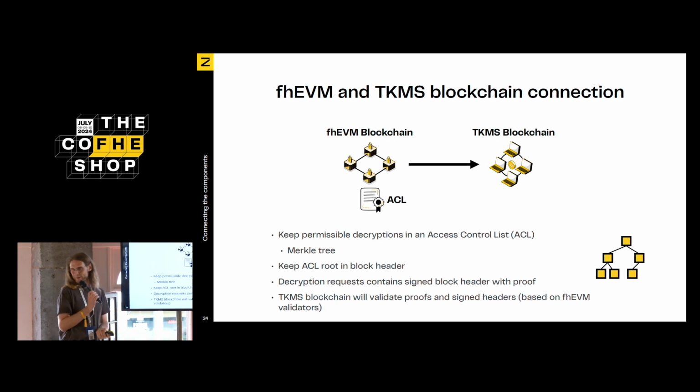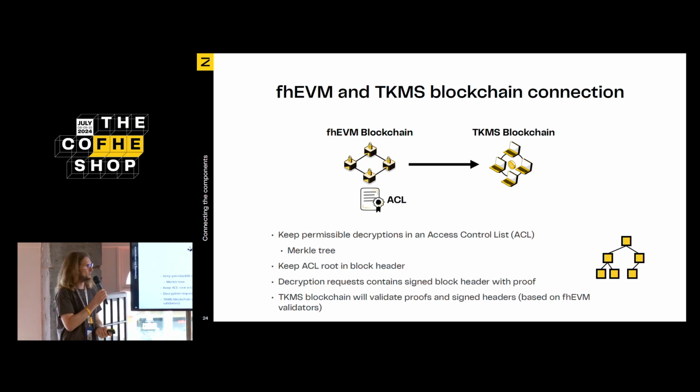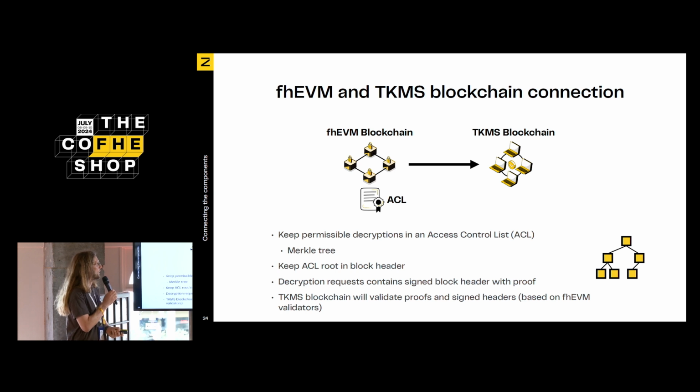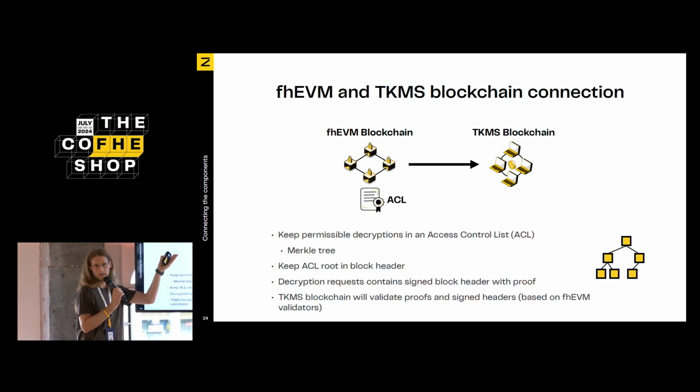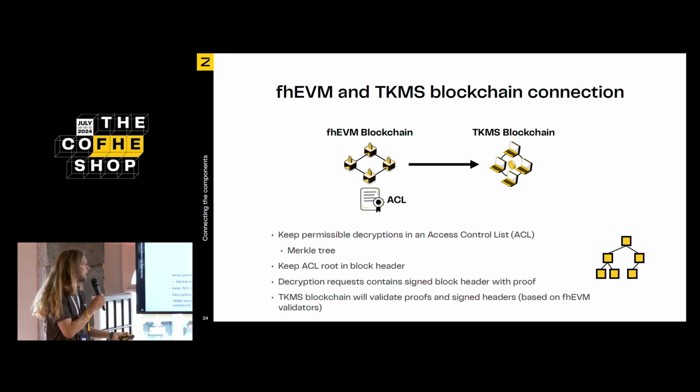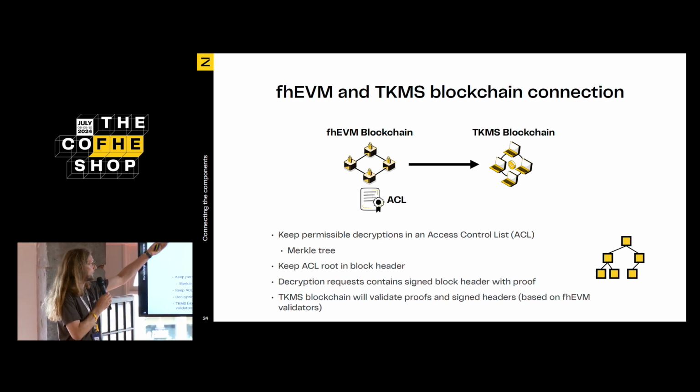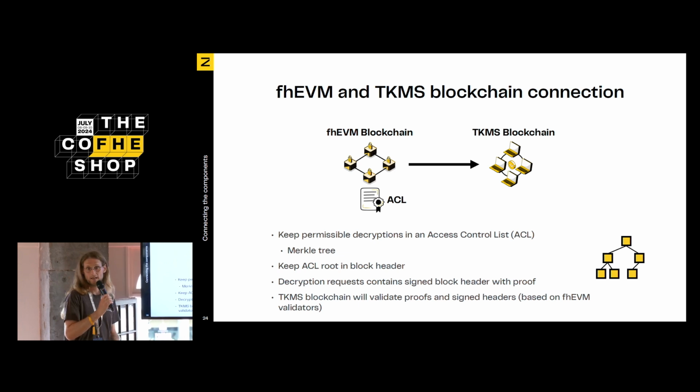Diving slightly into some technical detail on how the actual validation and communication happens between the fhEVM and the threshold KMS blockchain. We're basically using an access control list on the fhEVM that contains a Merkle tree of the permissions of the ciphertext to be decrypted, whose root is kept in the header of the block.